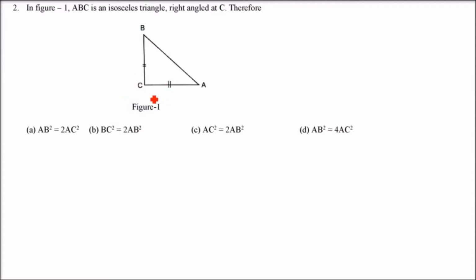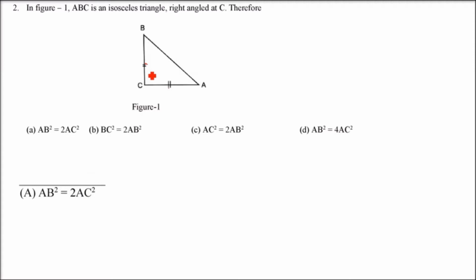In figure 1, ABC is an isosceles triangle, right angled at C. There are 4 options. So it's right angled and also an isosceles triangle, so BC and AC are equal. And the answer is A1. How does it come?